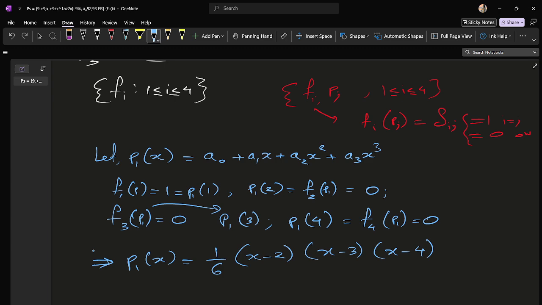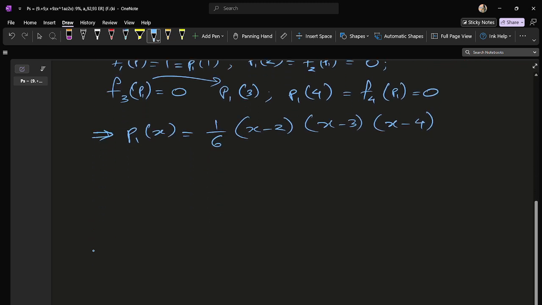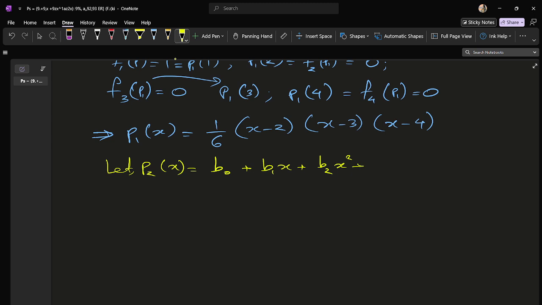Then similarly we can get p2(x). Let me use another color. Let p2(x) be b0 plus b1x plus b2x squared plus b3x cubed.